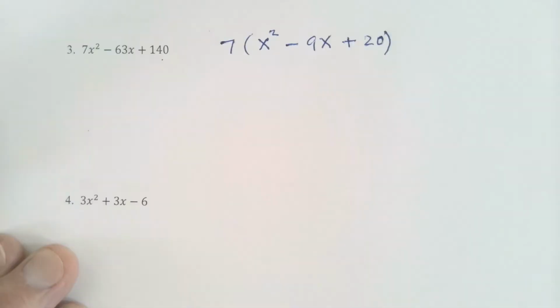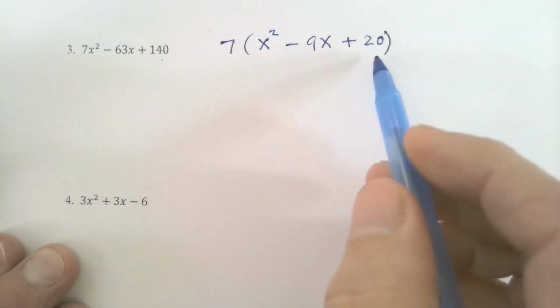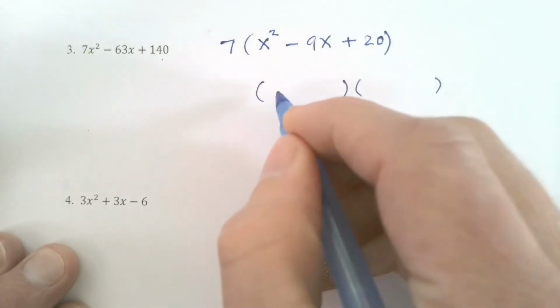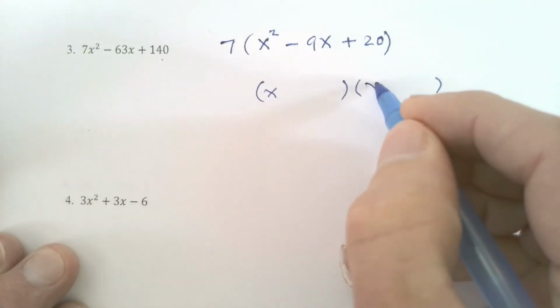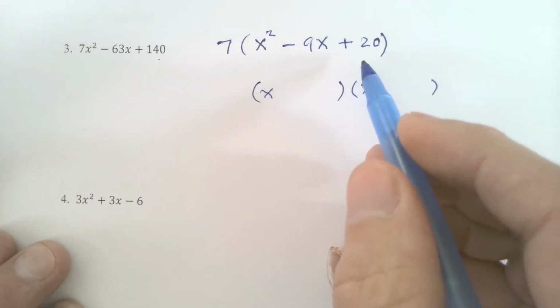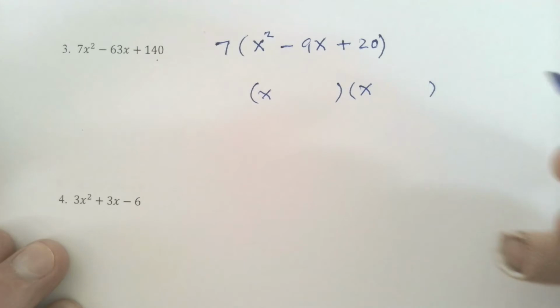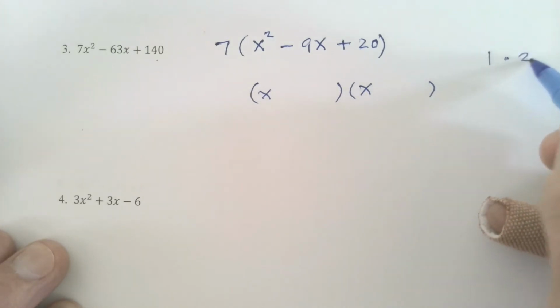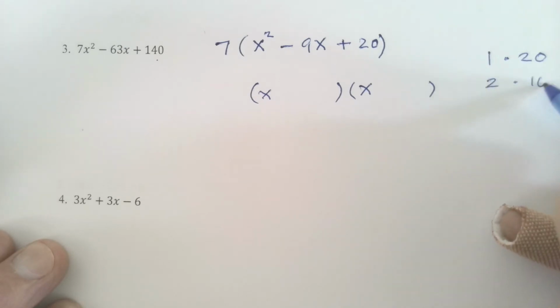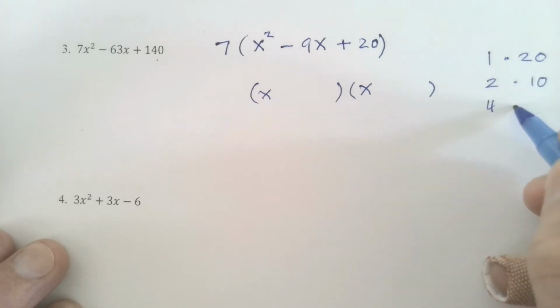Okay, now I'm going to factor this trinomial as a product of two binomials that look like this, x and x. Some numbers that multiply to make 20 that also happen to add to make negative 9. Well, the usual ways to multiply to make 20, like 1 times 20 and 2 times 10 and all these, they're not going to help you get the negative 9 in the middle.